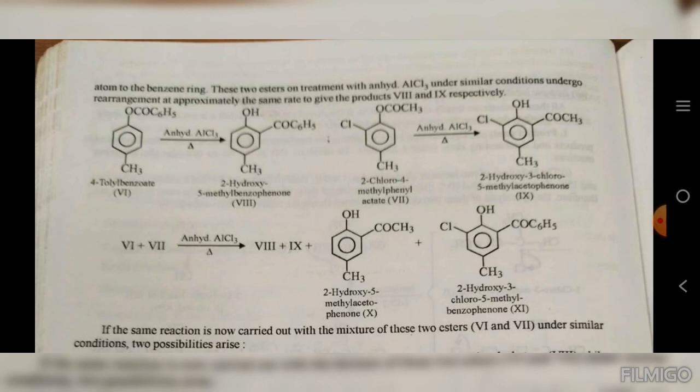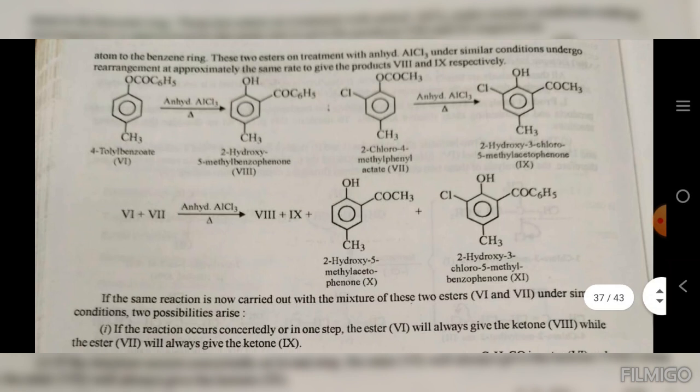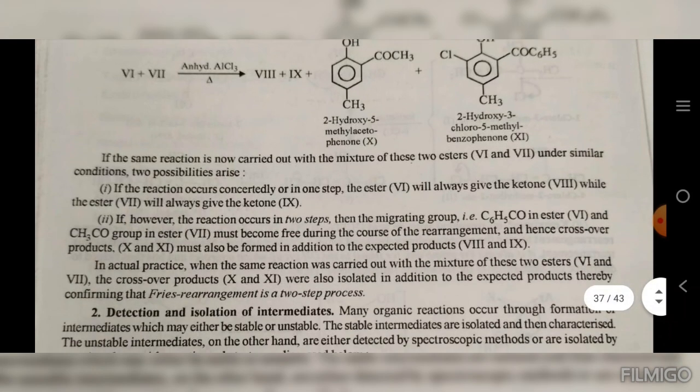These two esters on treatment with anhydrous AlCl3 under similar conditions undergo rearrangement at approximately the same rate to give the products 8th and 9th respectively. For example, tolyl benzoate gives 2-hydroxy-5-methylbenzophenone, and 2-chloro-4-methylphenyl acetate gives 2-hydroxy-3-chloro-5-methylacetophenone. The crossover products are 2-hydroxy-5-methylacetophenone and 2-hydroxy-3-chloro-5-methylbenzophenone.